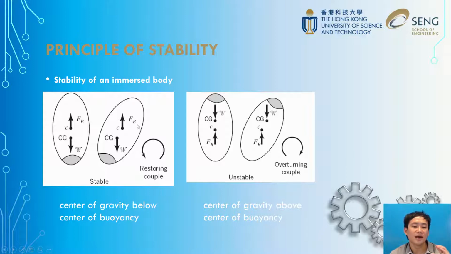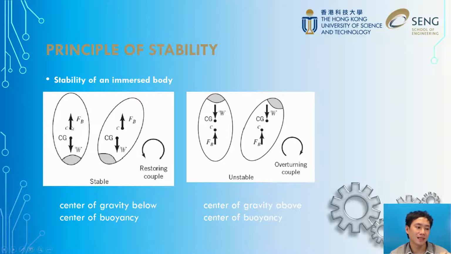So that's why you can find out that in all airship systems, the body of it, the mass of the system, is always located underneath the helium balloon. We try to make the center of gravity below the center of buoyancy.